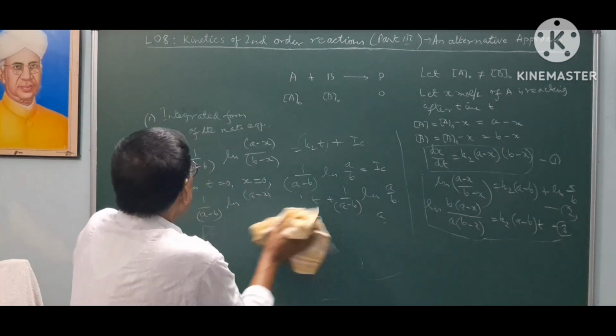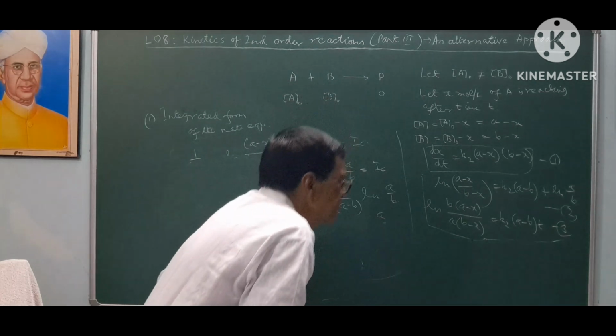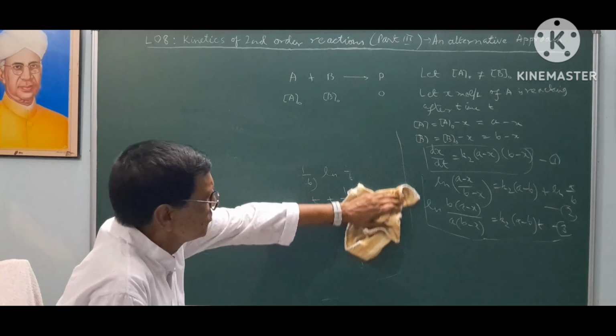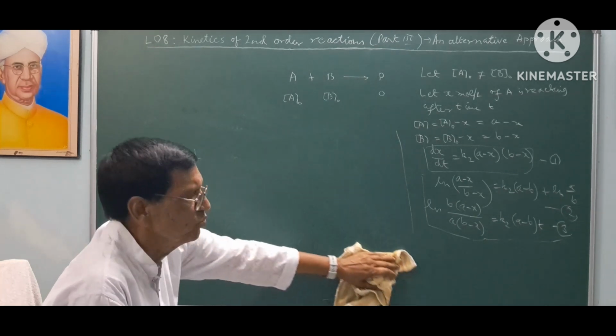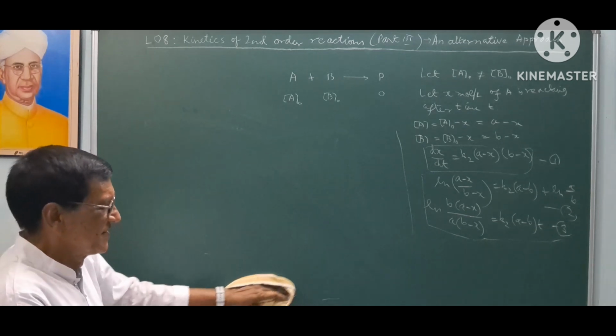Next, second feature. So we have got this integrated form of the rate equation for this second order reaction when the two substances have different initial concentrations.